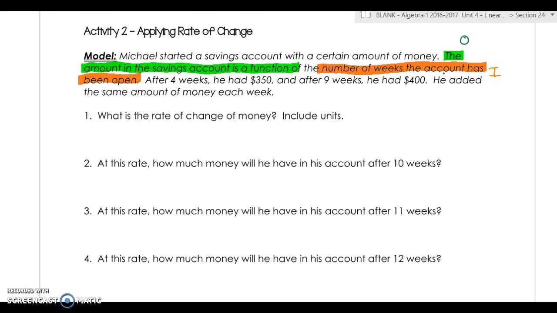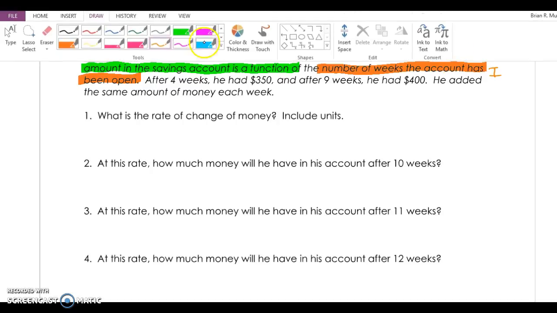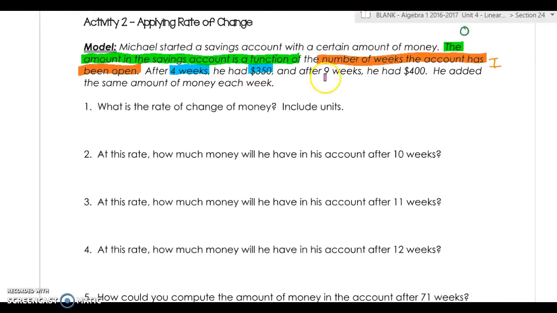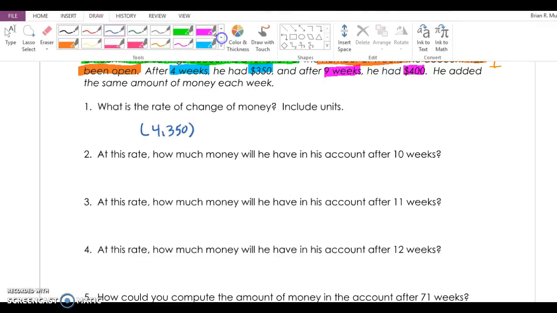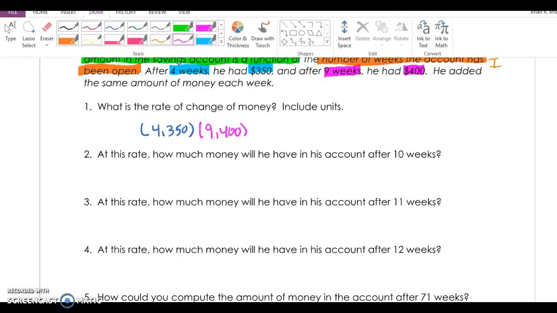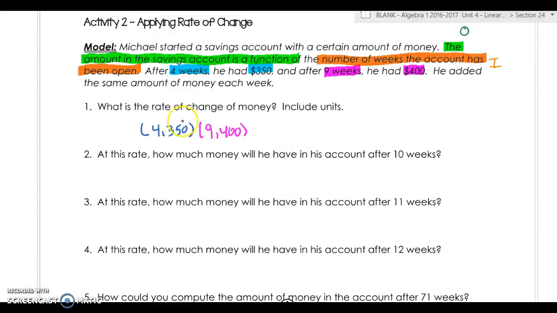So for the change in money, we need two ordered pairs if we can have them. 4 weeks, 350, and 9 weeks, 400. So I'm going to write those ordered pairs: 4, 350 and 9, 400. And we're going to find out how much money was changing per week.